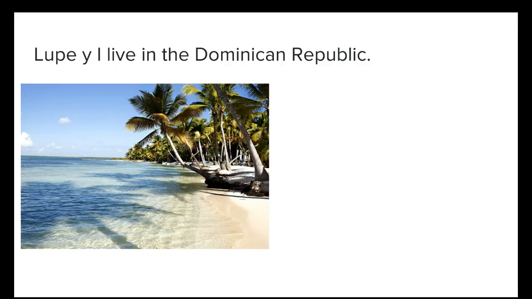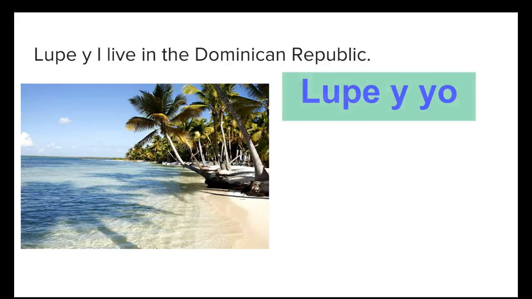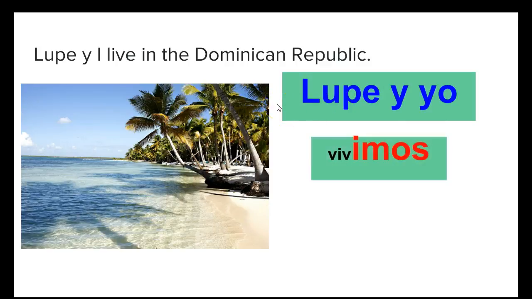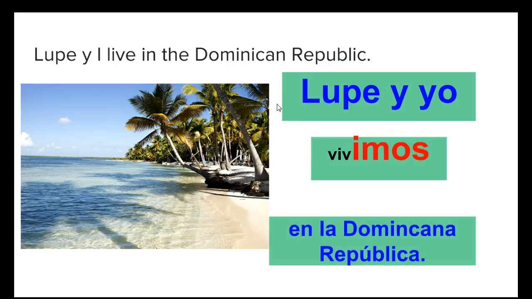Lupe and I live in the Dominican Republic. Lupe y yo. So remember, anytime you have yo with another name, you're going to use the nosotros form. Lupe y yo vivimos en la República Dominicana.